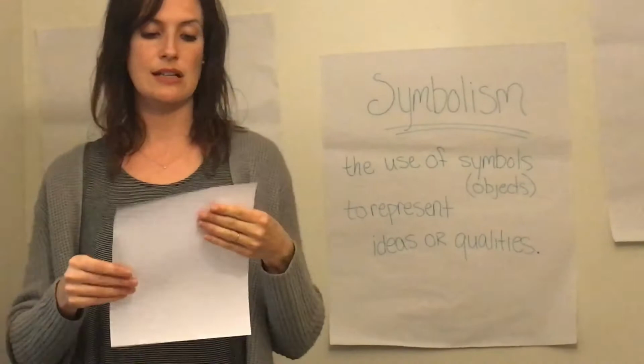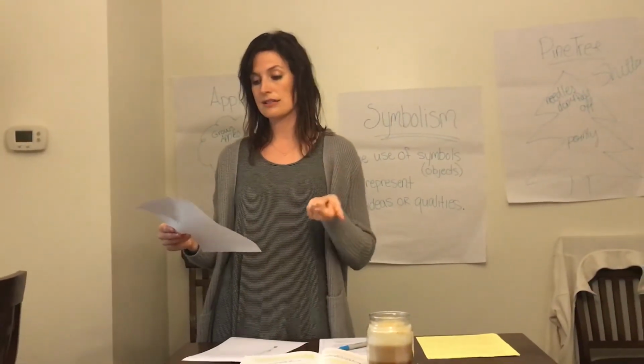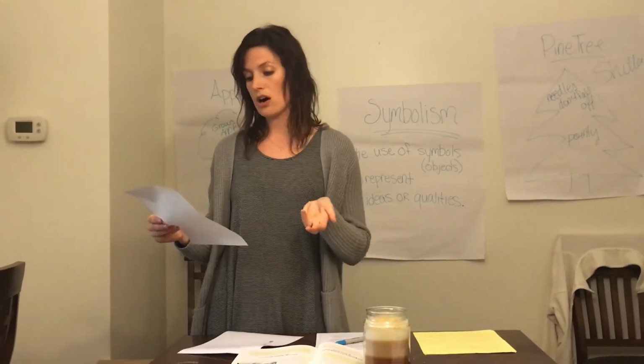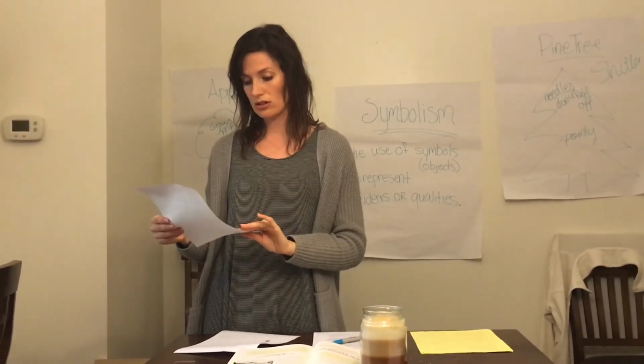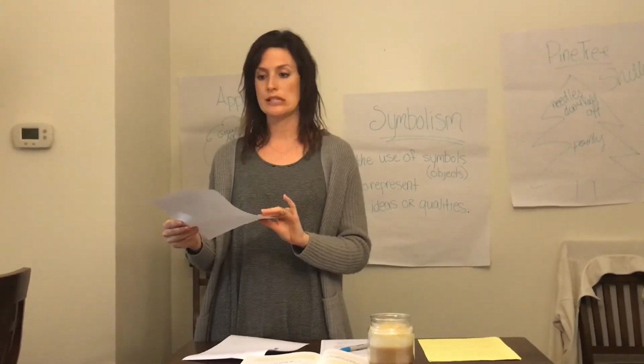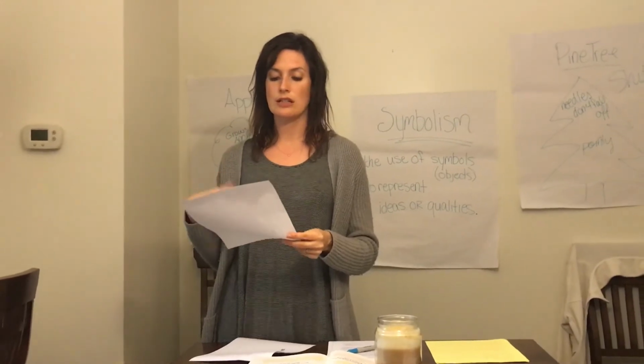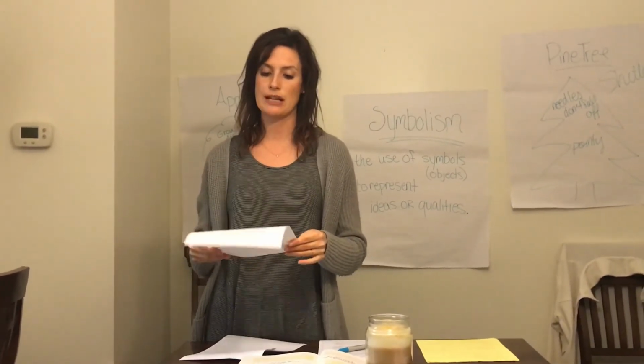So the objects that we're going to talk about the meanings of are fire, the sun, a tree, a cross, a diamond, a skull, an hourglass, a light bulb, and an owl. And these are commonly used symbols throughout literature that students need to think about the meaning and what they could mean in different things.